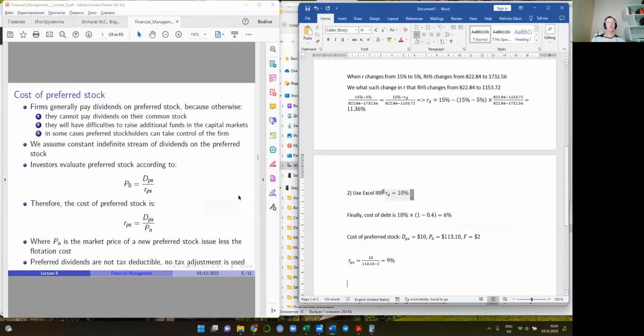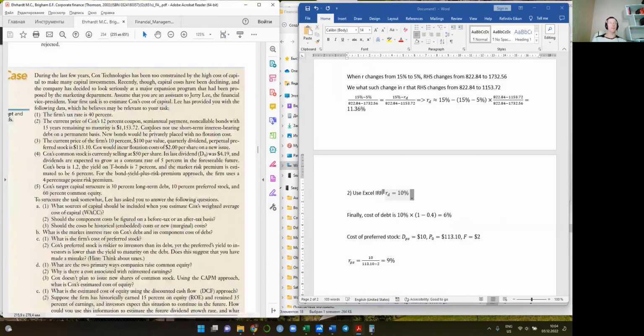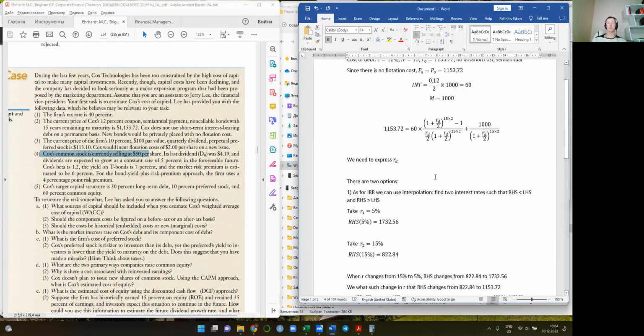Very simple task related to the preferred stock. Part 4. Cox common stock is currently selling at $50 per share. So, cost of common stock.